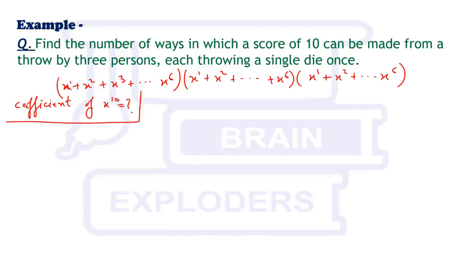Because if we are making a score like 1 plus 4 plus 5, which is equal to 10, this can be made by multiplying x raised to the power 1 with x raised to the power 4 and then with x raised to the power 5. So this problem is equivalent to asking for the coefficient of x raised to the power 10.